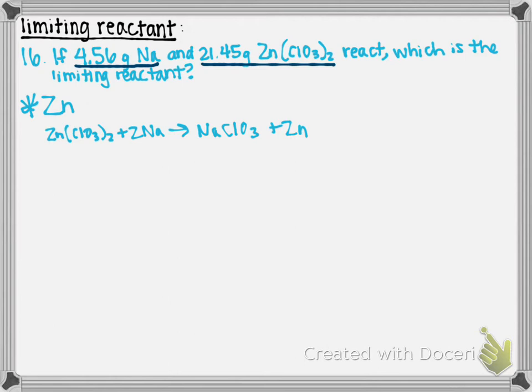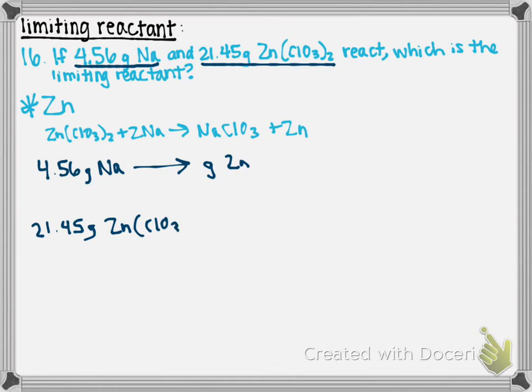I'm not going to set all of these up, but you're going to convert from 4.56 grams of Na, and you follow it just like we did on the last conversion, all the way to grams of zinc. That's one equation. Your other equation is 21.45 grams of ZnClO3, converted all the way to grams of zinc.